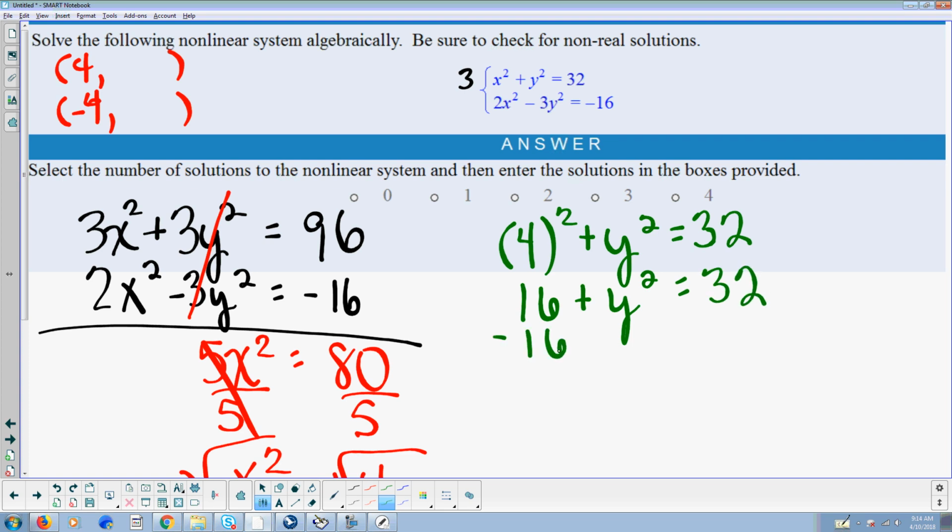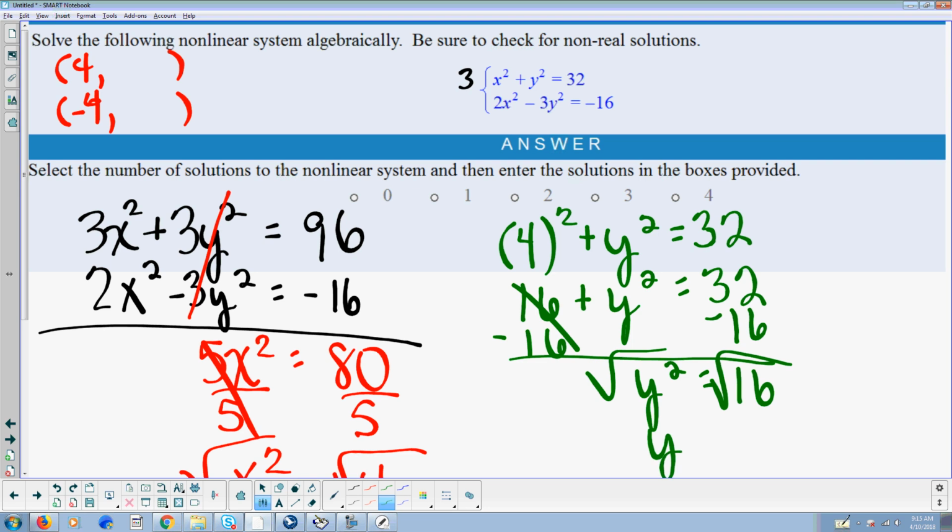Subtracting 16 from both sides, I get that y squared is equal to 16. Then I take the square root, and I get y equals plus or minus 4. So these are two possible solutions that have introduced themselves when I substituted in positive 4. I got plus or minus 4 for y.